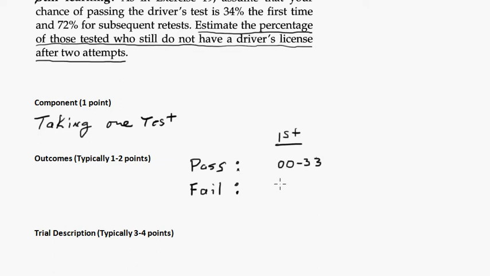Okay, and then 34 to 99 would be fail. And then for the other test, in this case it's just the second test, all other tests, it goes up to 72. So we can say 00 to 71 is pass and 72 to 99 would be fail.